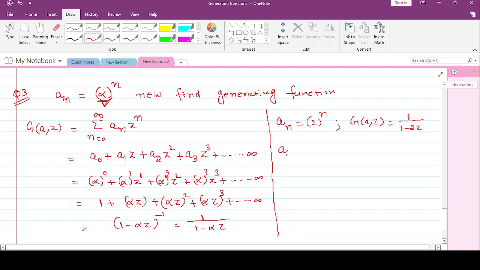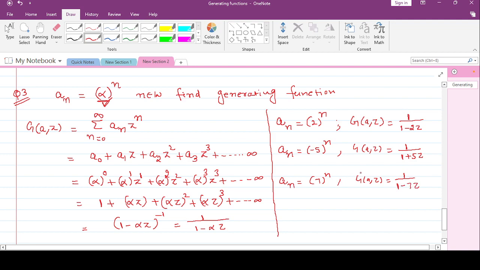If somebody gives you this type of sequence, then you say that the generating function is equal to 1 by 1 plus 5 into z. If somebody gives you this sequence, like 7 raised to the power n, then the generating function for this is 1 by 1 minus 7z.